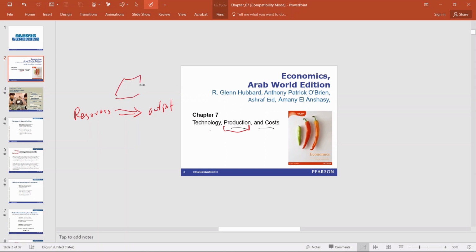And this should go into some sort of production process. And resources, you can call them inputs.